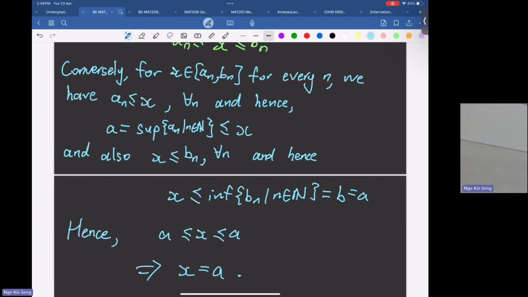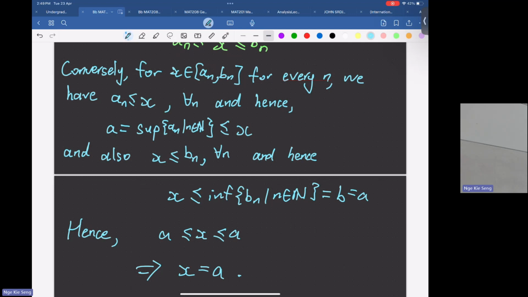Yes. X is greater than or equal to the sup. So at the top, saying what? X is greater than or equal to An for all n. Means what? X is an upper bound. So sup is what? Least upper bound. The smallest of the upper bounds. So the smallest one must be less than or equal to any upper bound. This is the definition.